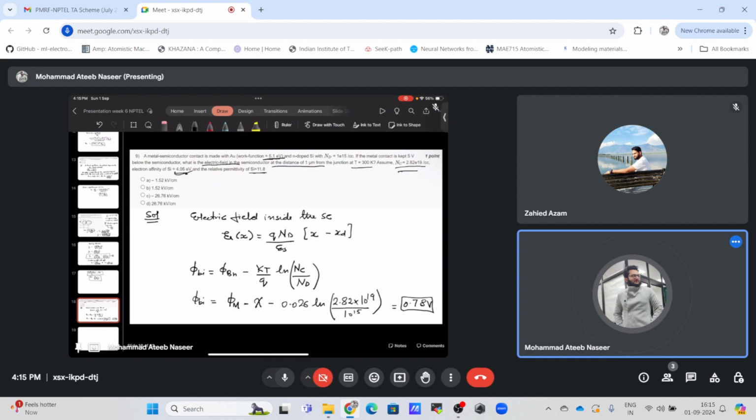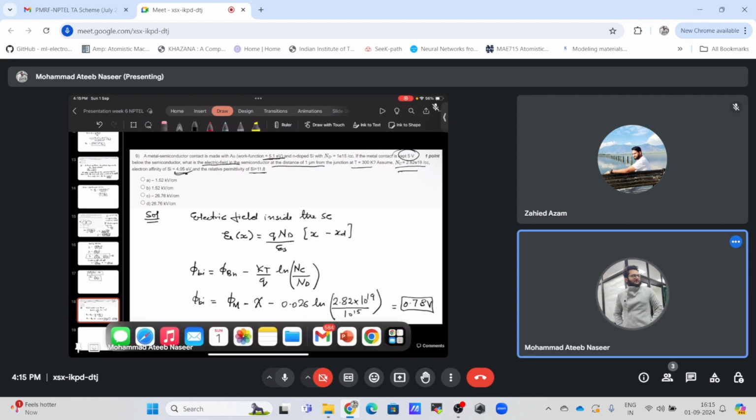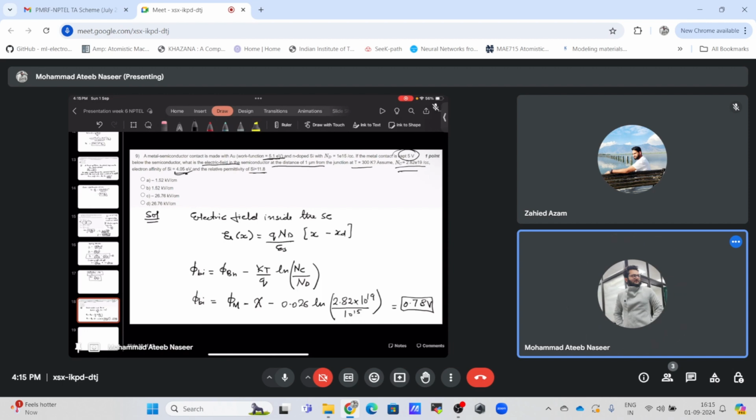Sorry, it's not encircled. So it was written over here: the metal is 5 volts below the semiconductor. Okay, so it means that, sorry, wait a second.